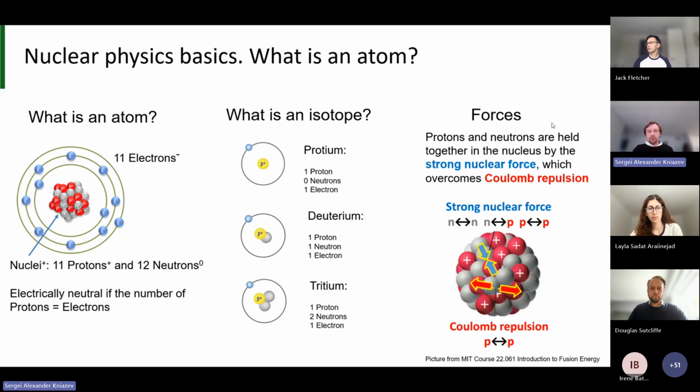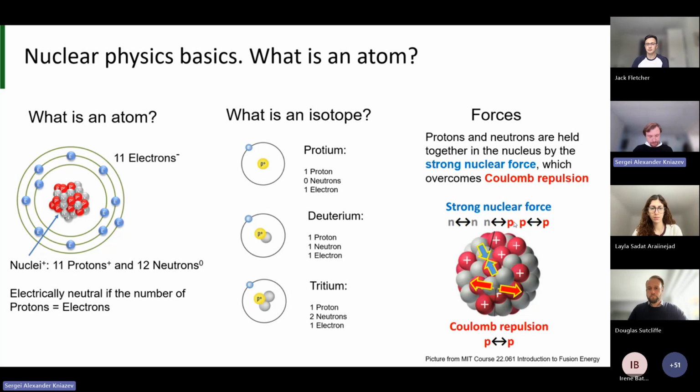Let's talk about what basically holds the nucleus together, protons and neutrons. There are several important forces inside the nucleus, but we will talk here about the strong nuclear force and Coulomb repulsion.